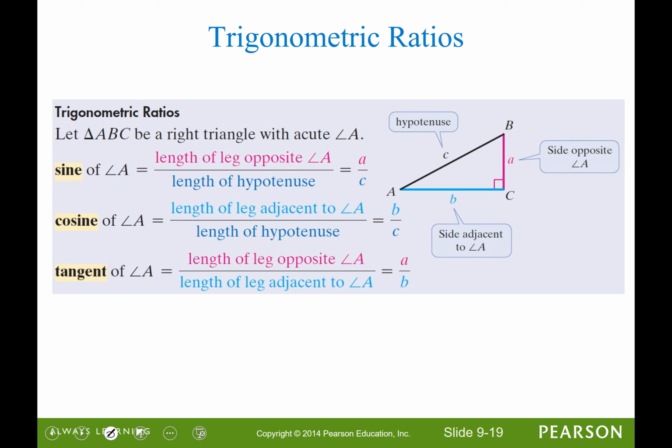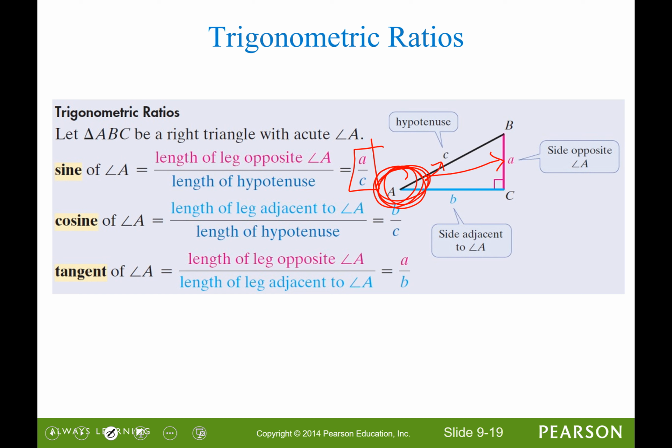In this figure, I'm going to circle that A. I like to circle the angle that we're working from, because if it was sine of B, it would be different. So for sine of A, the length of the leg opposite is the lowercase a, and the length of the hypotenuse is C. And that's why you have A over C.